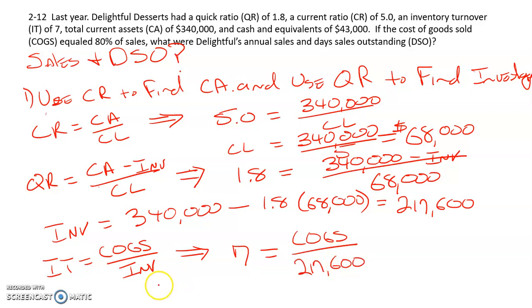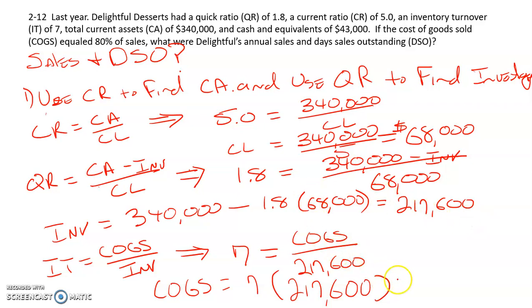So cost of goods sold is equal to 7 times 217,600, which is $1,523,200.